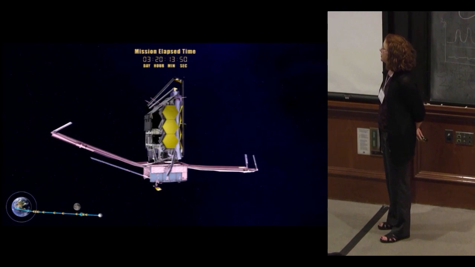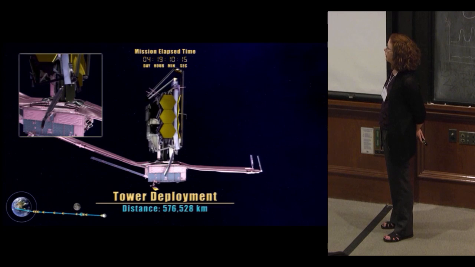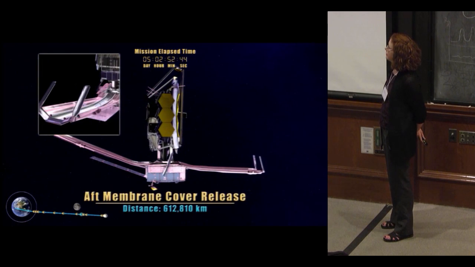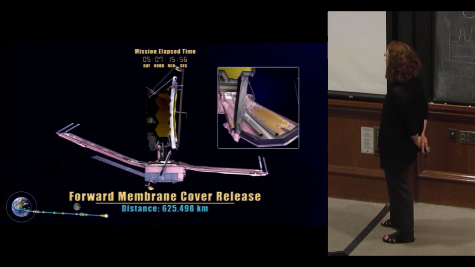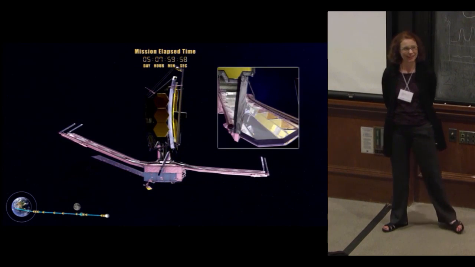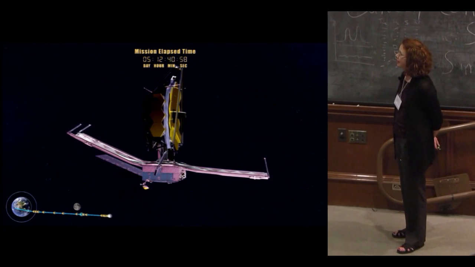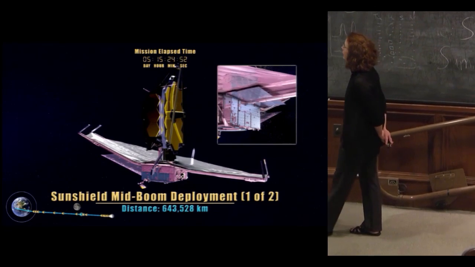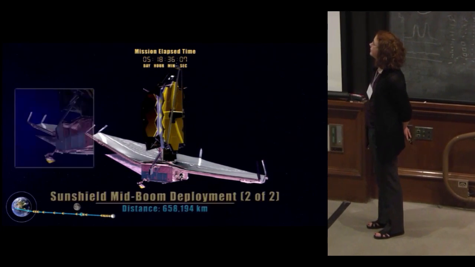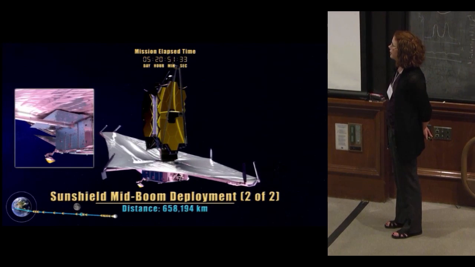All right. So this is the sun shield and what we call the tower deployment. So these are all very scary moments for us after launch. There's a lot of moving parts here that has not been attempted before with missions like Spitzer and Hubble or even Kepler. And there goes the sun shield other side.